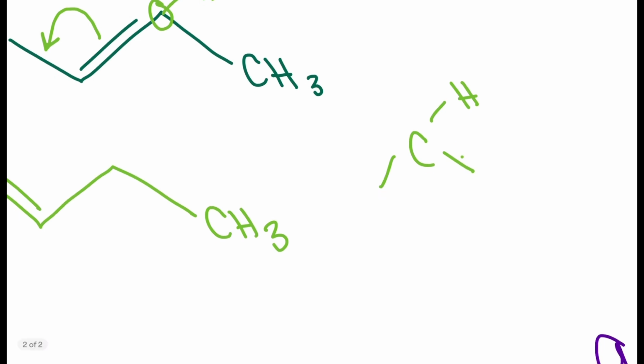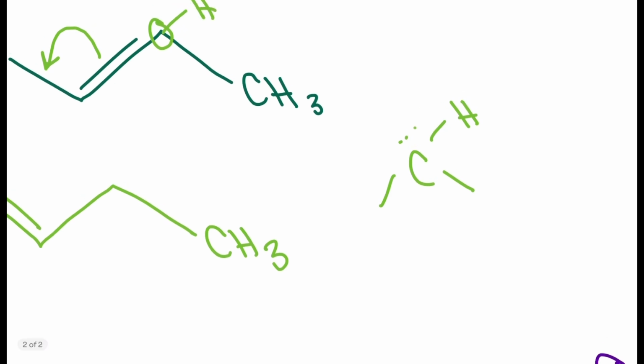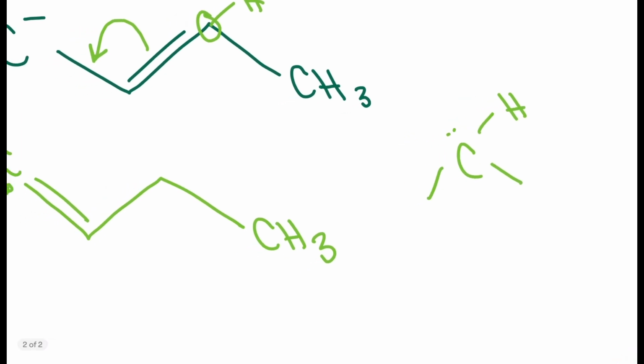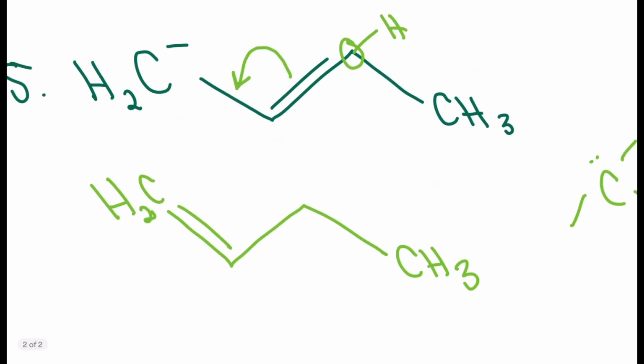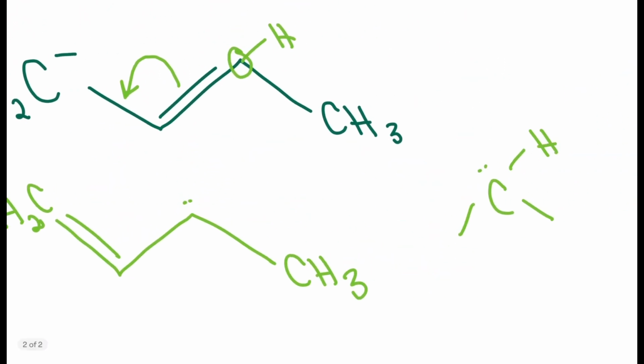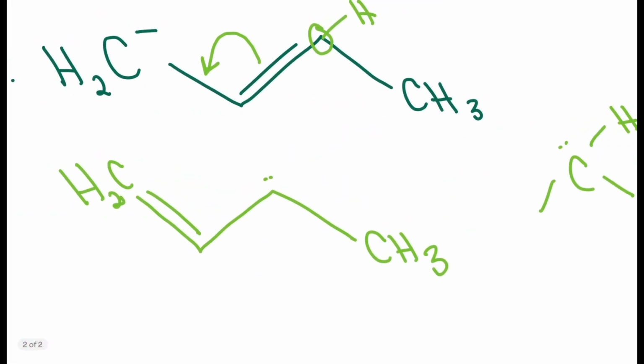So right now it has 2, 4, 6, so we add a pair of electrons to make it 2, 4, 6, 8. Now we have to think about formal charges with the octet rule. Counting your formal charges, you have 1, 2, 3, 4, 5. Since carbon can only have 4, it needs to go down 1. So we have the lone pairs here that we added over to this carbon, and that makes this carbon negative, and that would be your resonance structure.